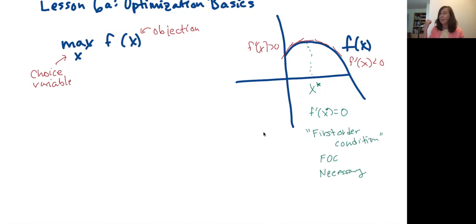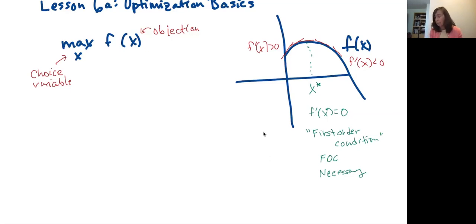And again, it's that same kind of logic. You're not at your maximum point if your first derivative is positive, because if you're at a point where your first derivative is positive, it's saying, keep going, increase x, you'll get more. And if your first derivative is negative, it's telling you, no, no, no, back up, decrease x, and you'll get more.